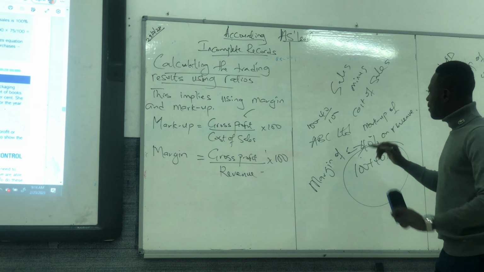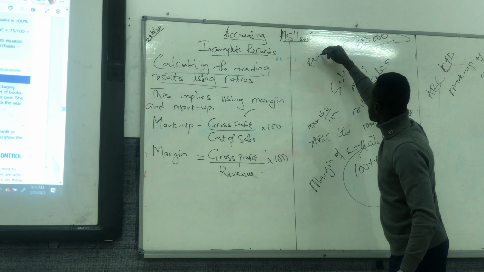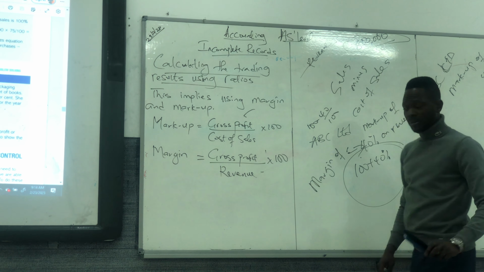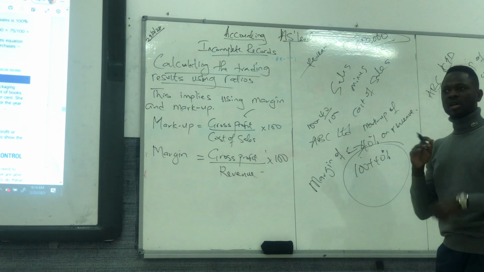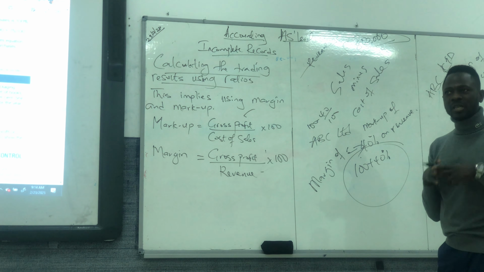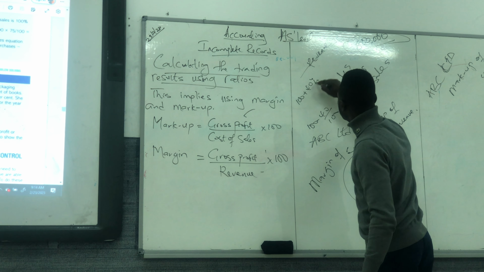Let's say we have the value of our revenue to be 800,000. If we are using markup on revenue, it means 100 plus 40%.